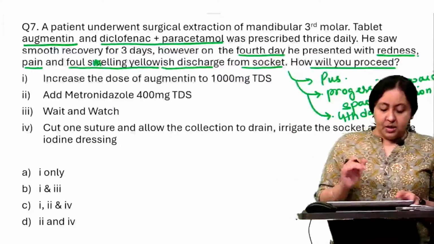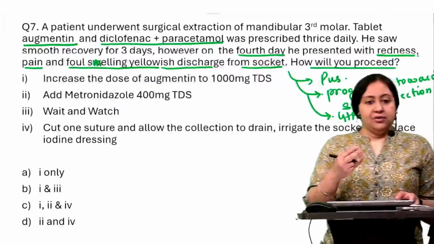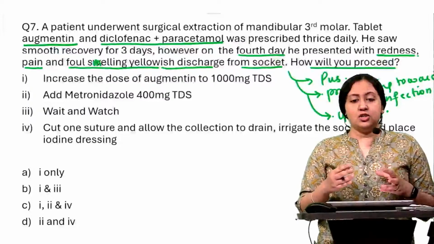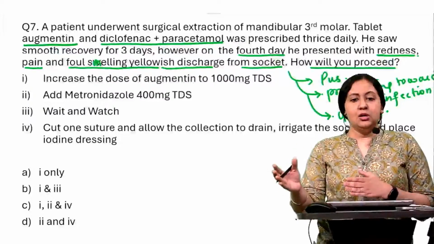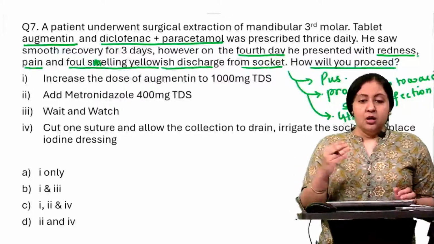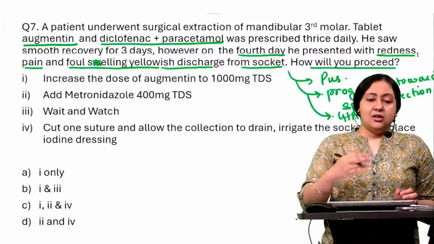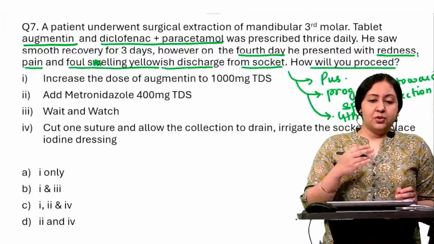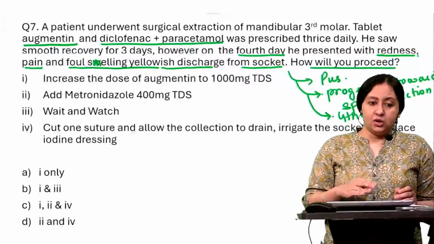Now you have 4 options, and amongst these 4 you have to pick the best that you will do for the patient to resolve the infection which has started, and to prevent it from progressing further. You have to prevent it from progressing further, and you have to resolve it also.